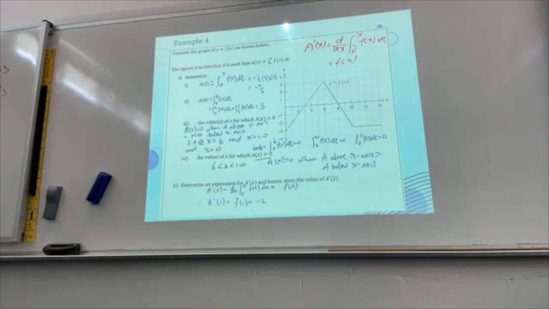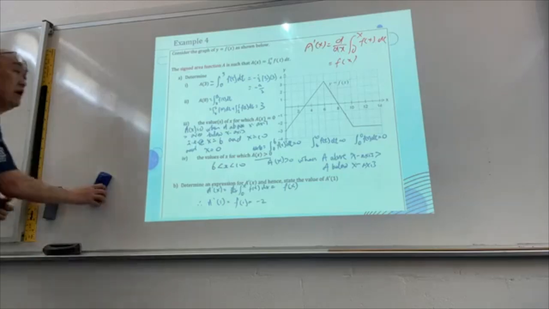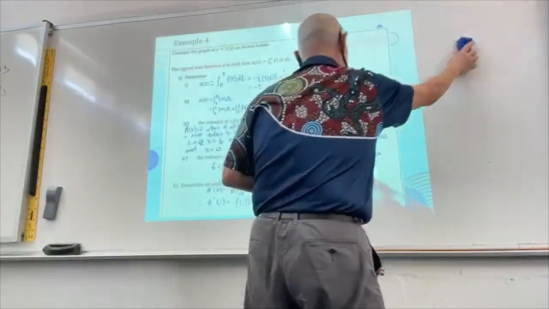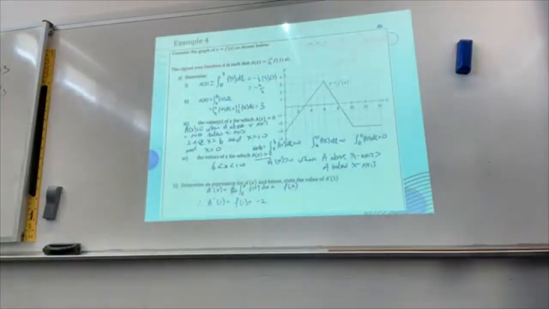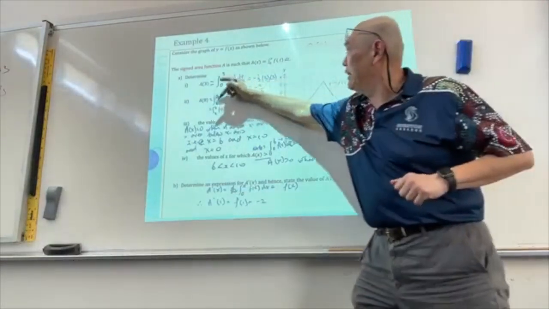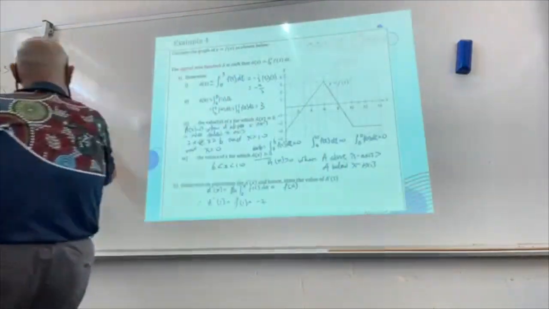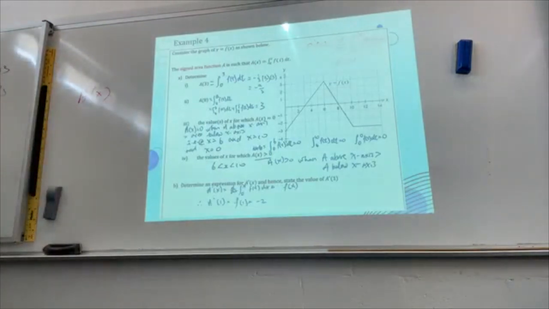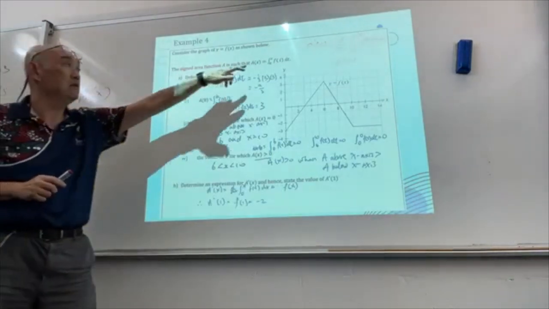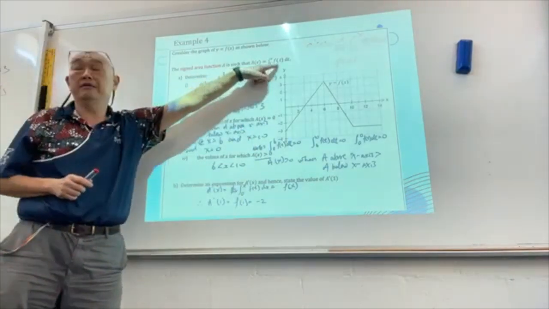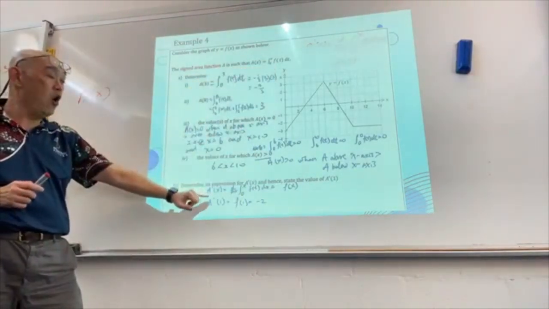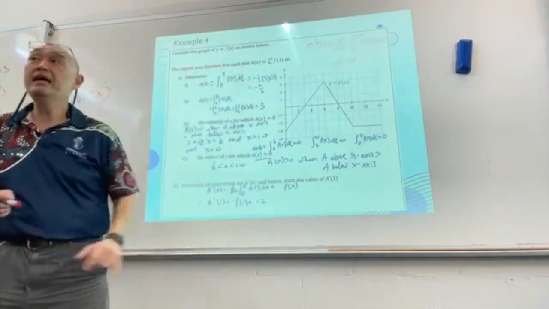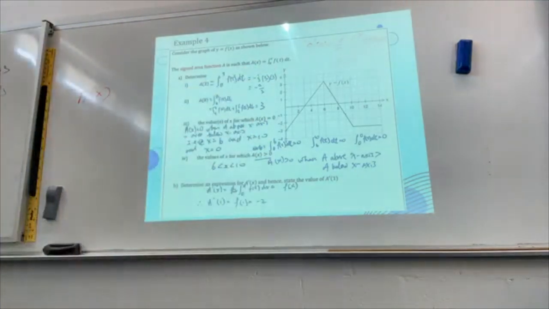All right, now the next bit is important. You've got your graph in front of you. What I want you to think about is that this is the function A(x). Now, we know that f(x) here is actually the gradient of the area function.